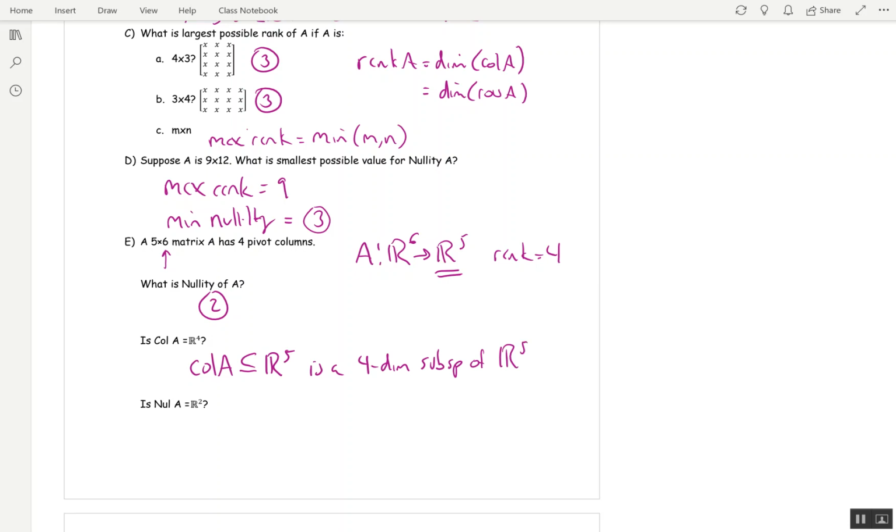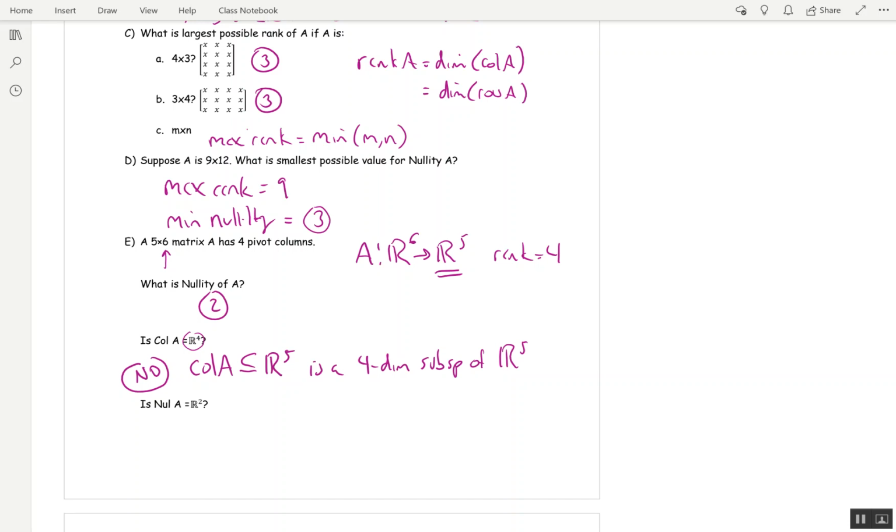I know it's 4-dimensional because that's the rank, and the rank is the dimension. So the answer is no. A 4-dimensional subspace of R5 could not possibly be R4 because R4 is not even a subset of R5. The best you can say is col A is a 4-dimensional subspace of R5.